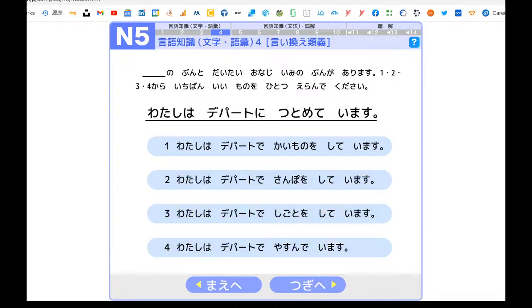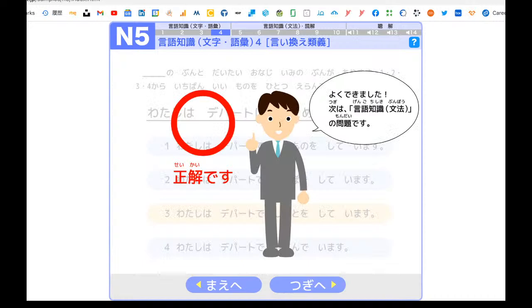Do you have any clear answer? 買い物 is shopping. 散歩 is walking around. 仕事 is working. 休んで is take a rest. Remember, 勤めて was work. So 3 is the best answer.